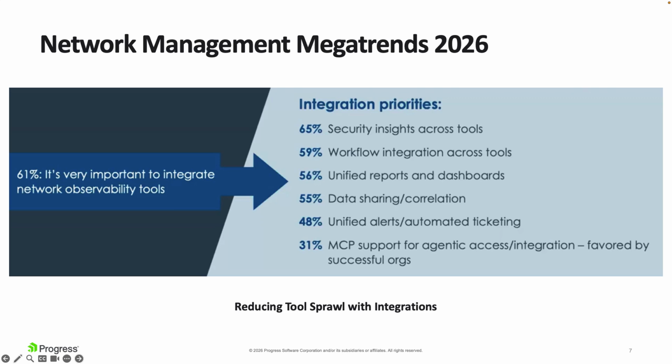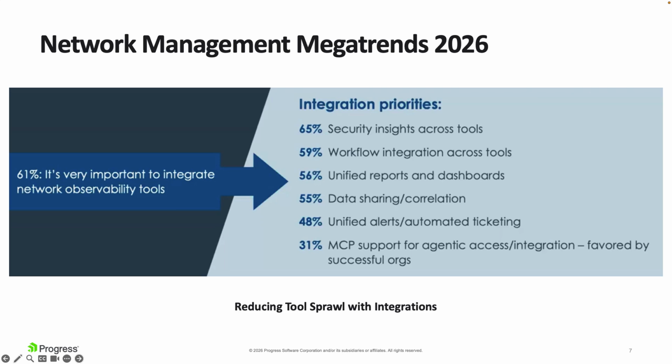And as you can see from the priorities, 65% want security insight across tools, 59% would want workflow integrations across tools, unified reports and dashboards, data sharing and correlations, and so on.